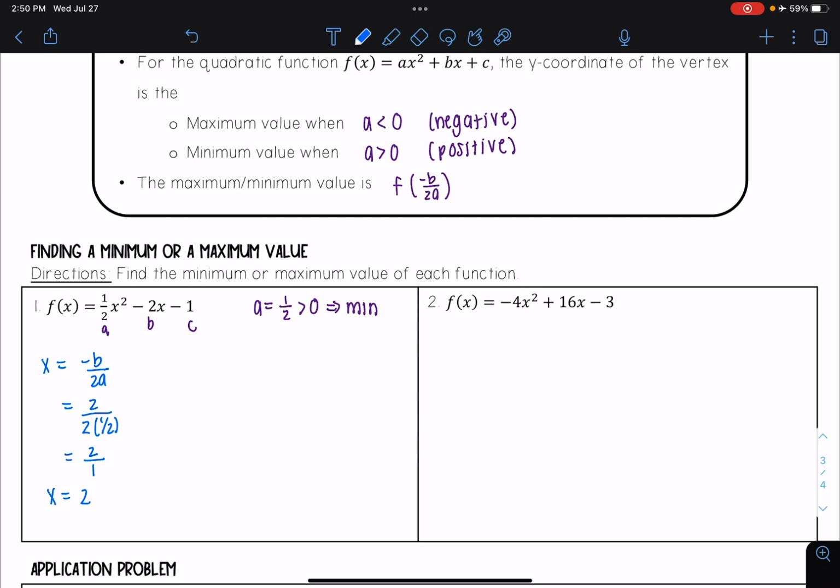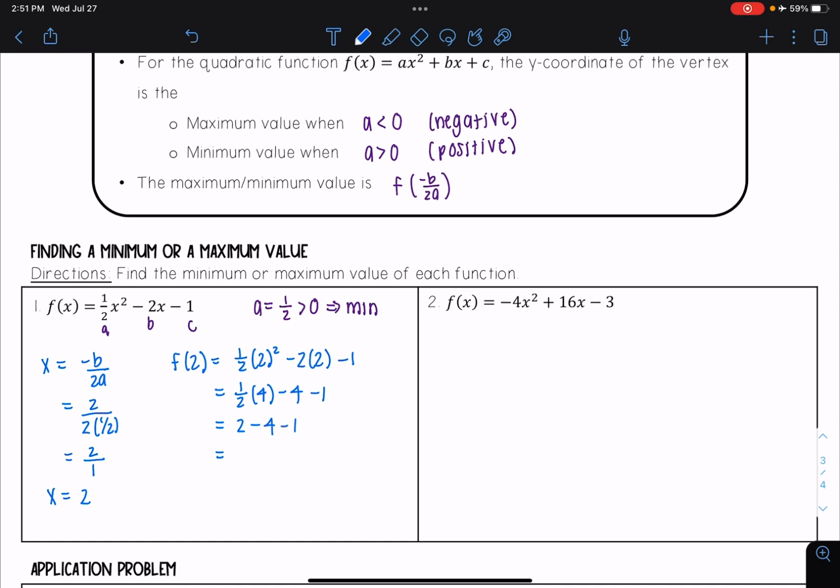And now plugging that in to my function, f of 2, I have 1/2 times 2 squared minus 2 times 2 minus 1. 2 squared, I get 4, so I have 1/2 times 4 minus 2 times 2, which is 4, minus 1. 1/2 times 4, I get 2, minus 4, minus 1.